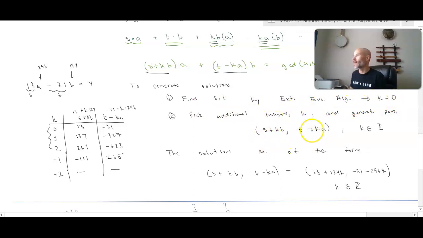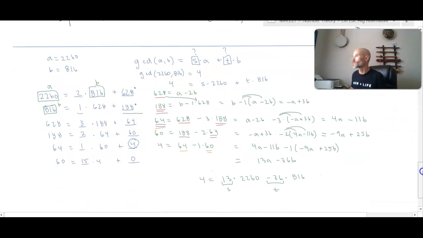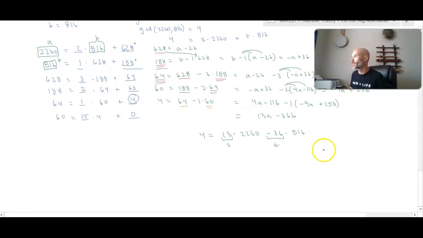The other coefficients that will work will be any s plus any multiple of b, as well as t minus any multiple of a. So we can come up with s plus any multiple of b and t minus any multiple of a.